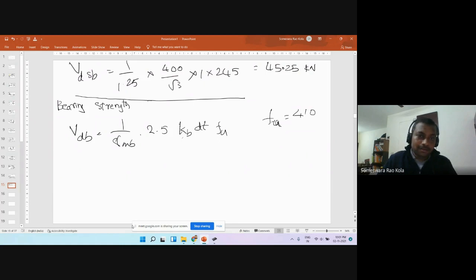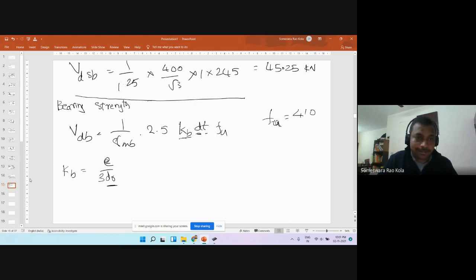D is the bolt diameter, which is 20, and then we have the thickness of the plate. We have to find out what is kb. So kb is that set of values we have written. I will leave that as an exercise. You can plug in e by 3 d naught. d naught is 22.